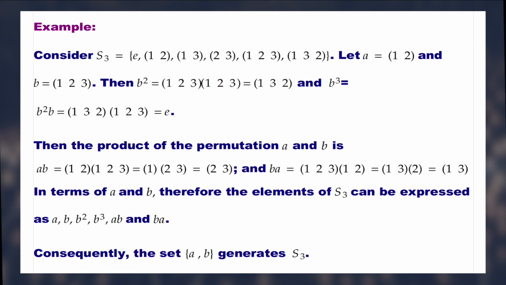Therefore, the elements of S3 can be expressed in terms of A and B as A, B, B squared, B cubed, AB and BA. Consequently, the set {A, B} generates S3.